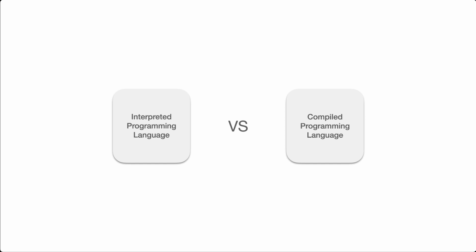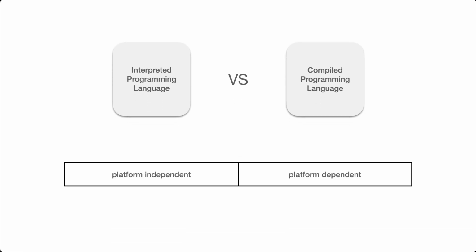Firstly, let's consider where physically we can run both. Because an interpreted language does come with its own interpreter, like a foreign official with their own translator, such language can be run on any platform like Windows, Mac or Linux. The same is not true for compiled language.